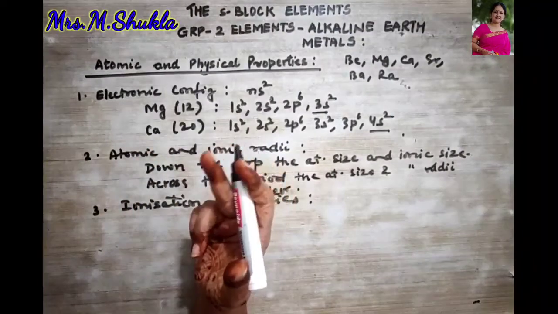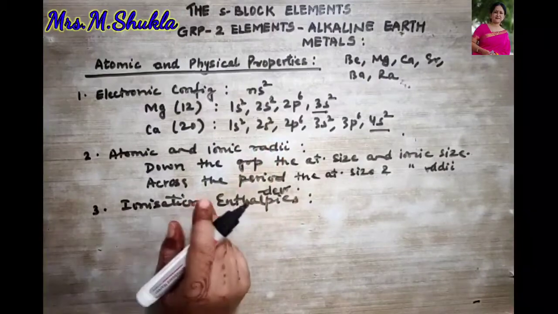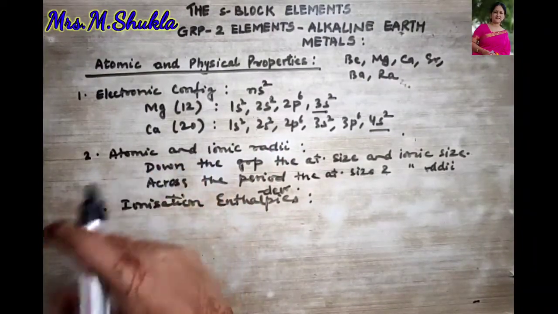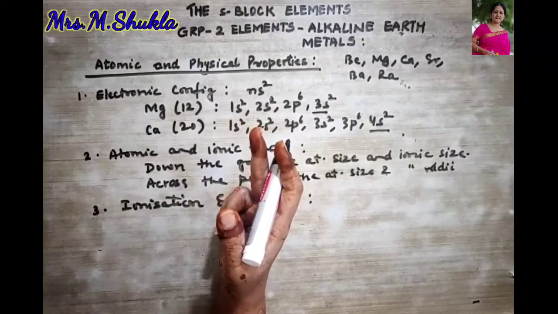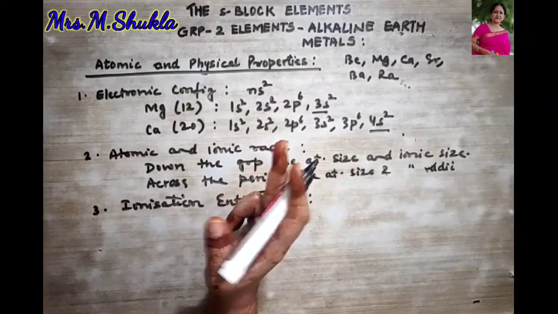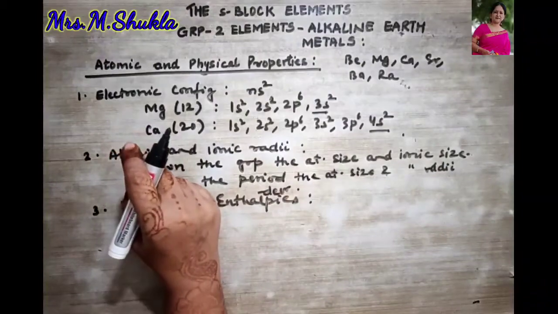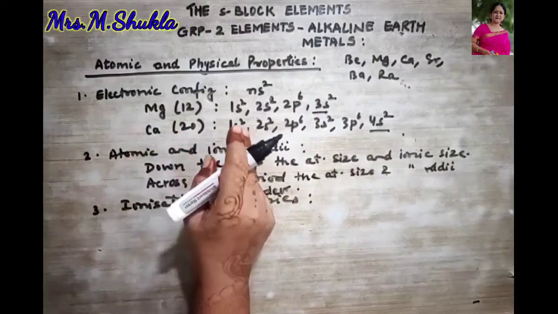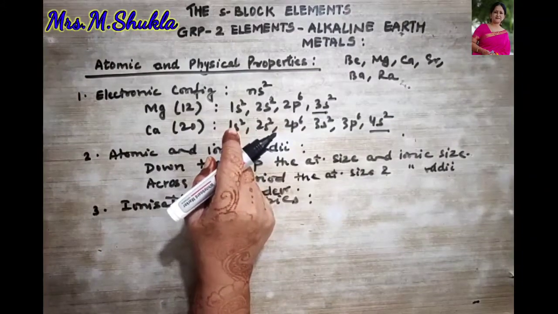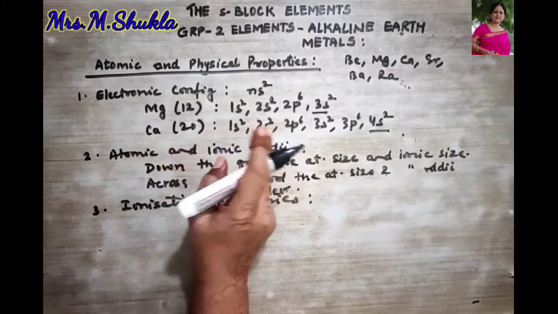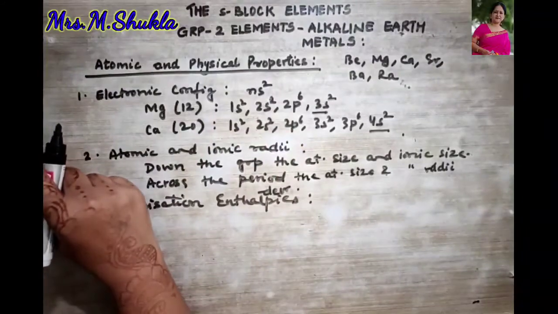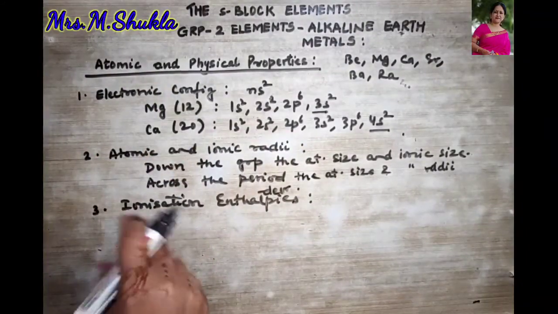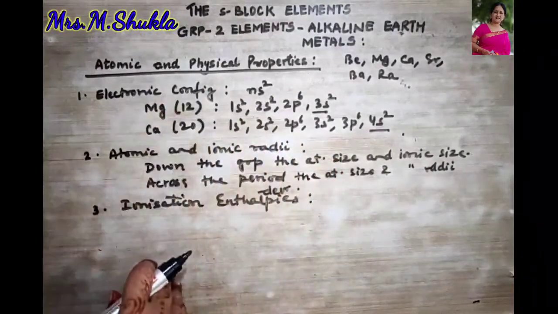Why so? Because the atoms of the alkaline earth metals have smaller size and higher nuclear charge, if you compare with the alkali metals. But the second ionization enthalpy of alkaline earth metals is smaller than that of the alkali metals, right?